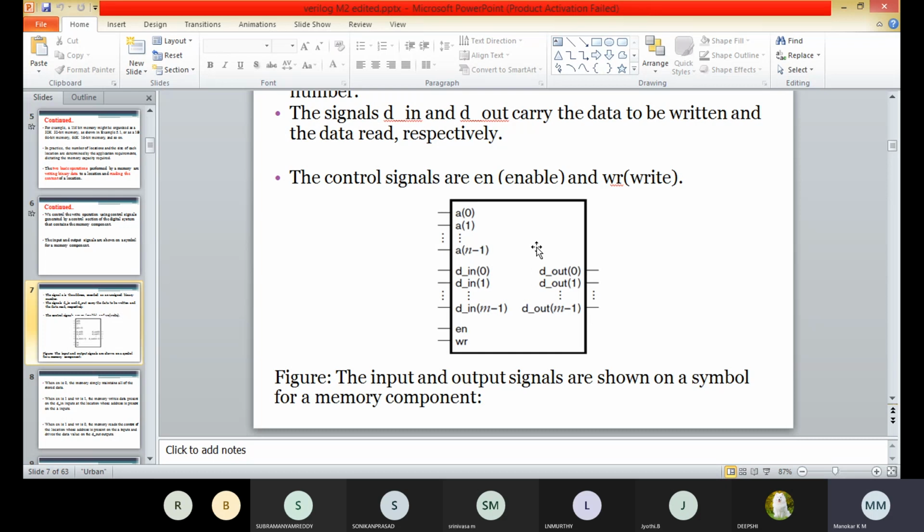Here we can control the write operation using control signals generated by the control section of the digital system that contains the memory component. The signal A is the address, encoded using an unsigned binary number.